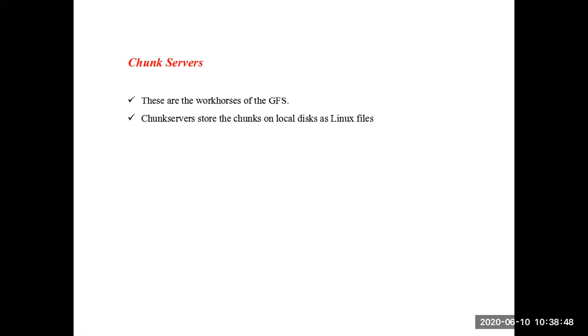Generally, chunk servers operate on the Linux operating system, and local disk means a local hard disk. Every chunk size will be 64 MB.